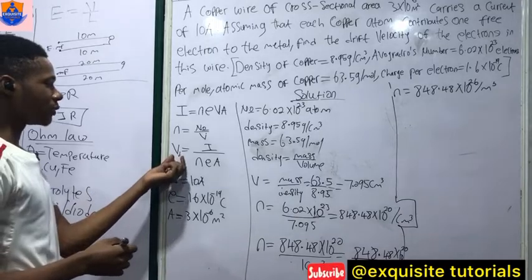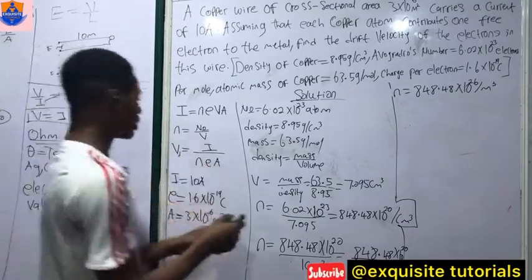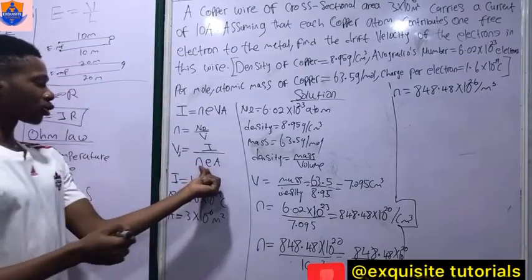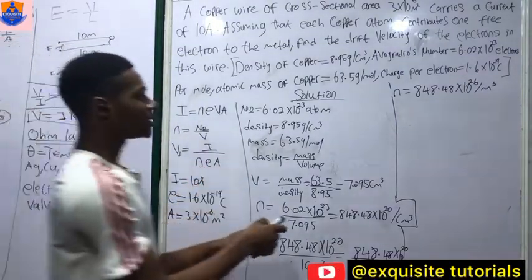Now, what we want to do is calculate the drift velocity. Drift velocity is given as I divided by nEA, where n is the number of atoms per volume, e is the charge of the electron, and A is the area.